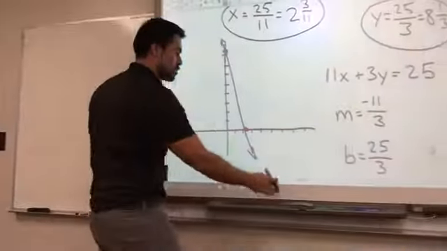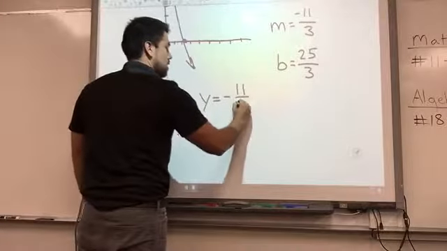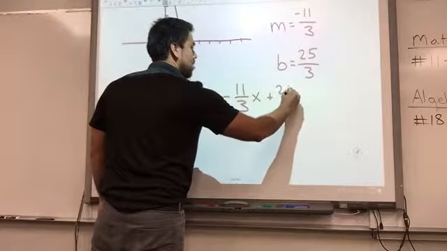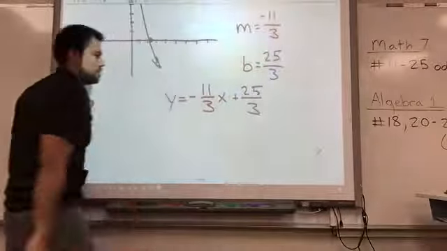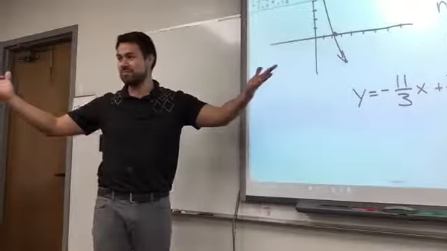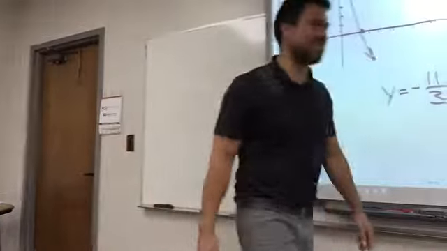All right, Jack, what's your slope-intercept form? Y is equal to negative 11 over 3 x plus 25 thirds. Guys see it? See the relationship? No? Don't worry, I'll give you a chance.